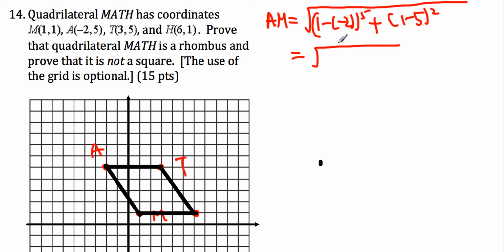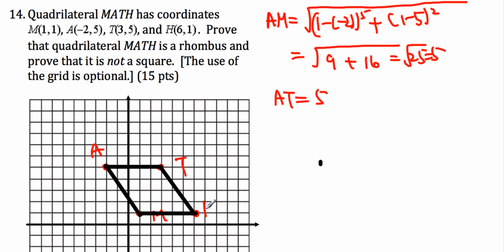And then this becomes 9 plus 16, which is equal to the square root of 25, which is equal to 5. So MA is equal to 5. Now we're going to be looking at AT. AT is a horizontal line segment, so we can count the boxes 1, 2, 3, 4, 5. So we get 5 as well.